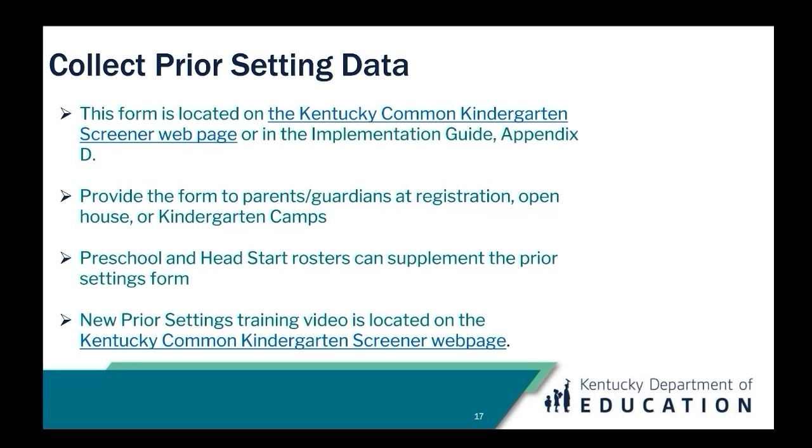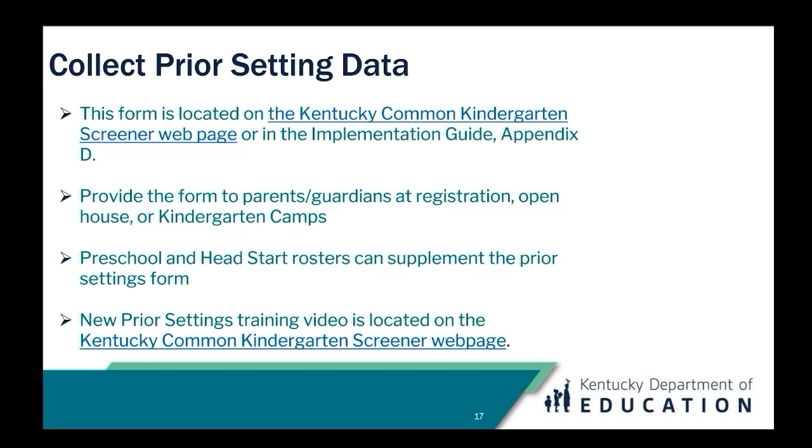Now let's look at collecting prior setting data. This is something schools could be doing now or in the spring, but regardless, it should be on your radar. If not, make sure to collect prior setting data during kindergarten kickoff events, open house, etc. A letter and form located on our K-Screen website and in the implementation guide asks parents or guardians to let us know what setting the enrolling students were in for the year prior to kindergarten.